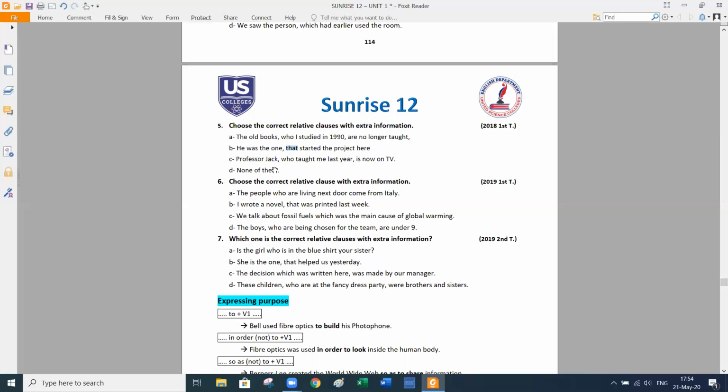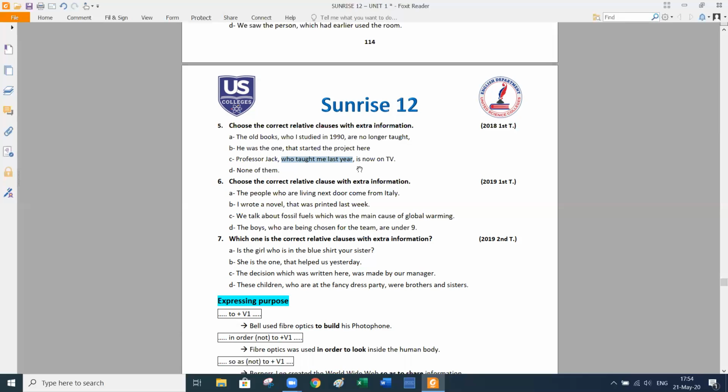C says, Professor Jack, comma, who taught me last year, comma, is now on TV. So according to the rules, this is a correct sentence. This is our extra information, a relative clause with extra information.